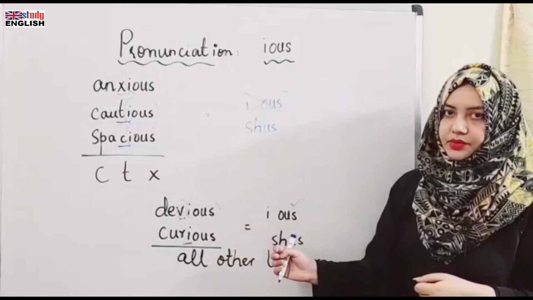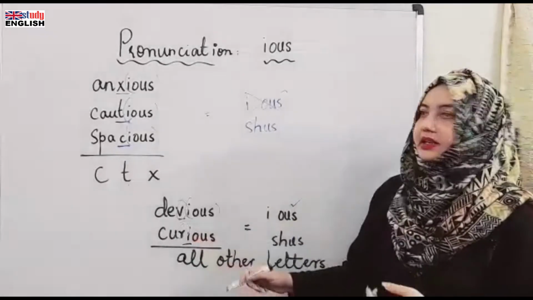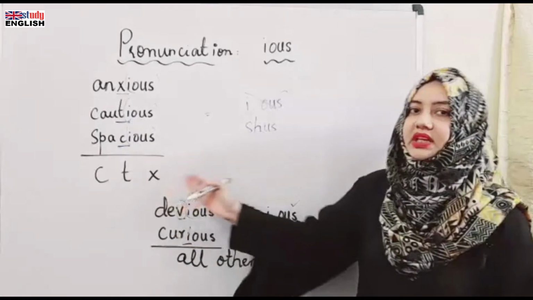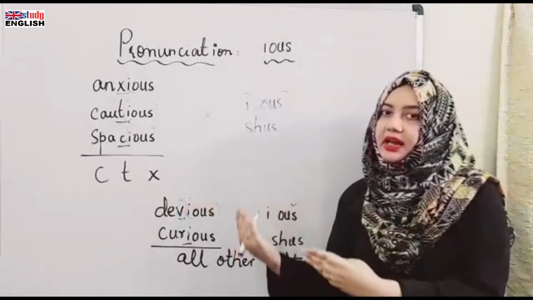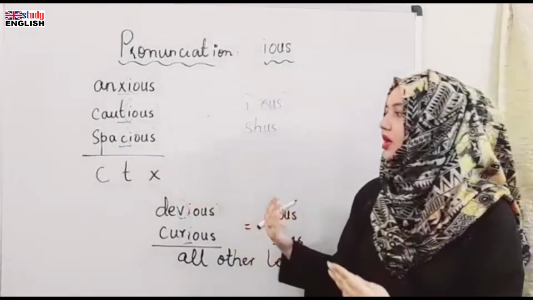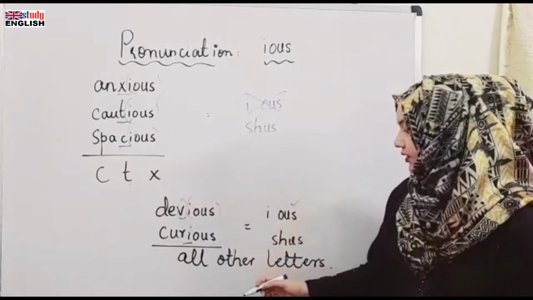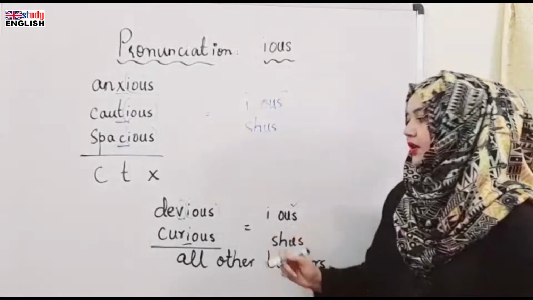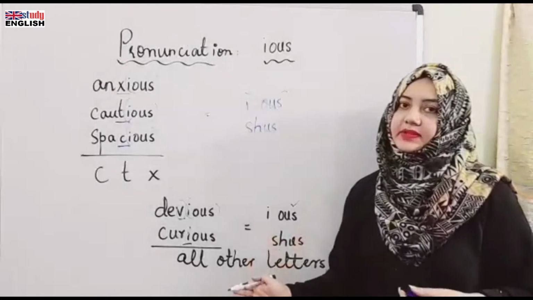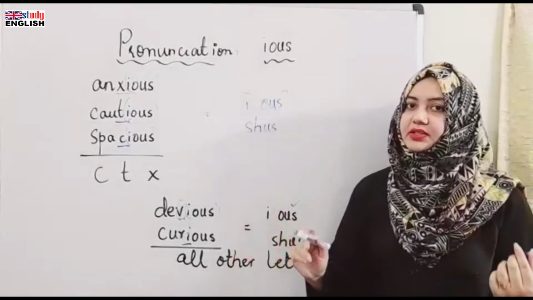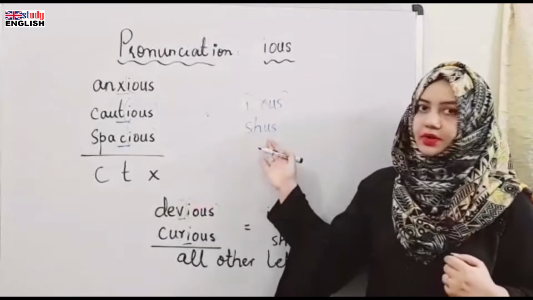I'm curious about. Why? Because before IOUS we have R, and R is also not C, not T, not X. R is the other alphabet. So for alphabets which are not C, T or X, we will use the sound "ius": curious, devious. But for C, T, X we will sound "shus", not "ius".